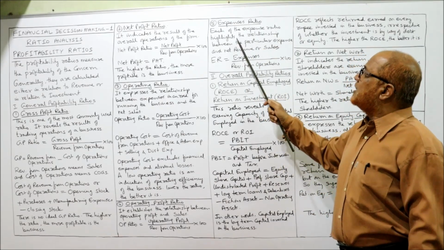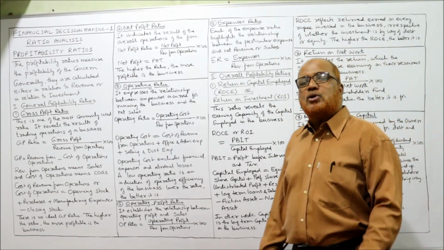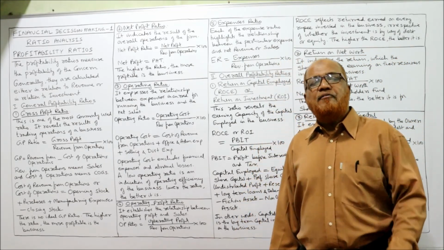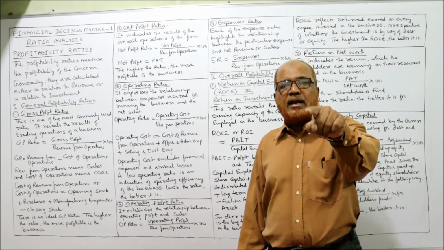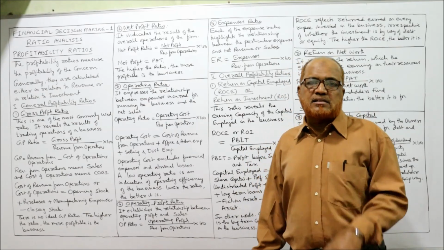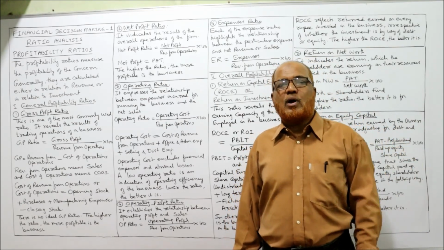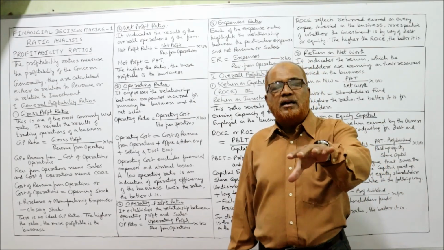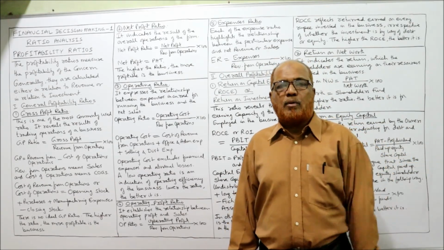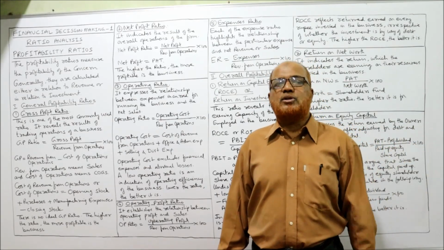The next one, expense ratio. Each expense ratio highlights the relationship between a particular expense and the net revenue. Many expenses are there, and we relate each particular expense to the revenue from operations. Salaries, rent, and electricity bill are each related to revenue from operations.